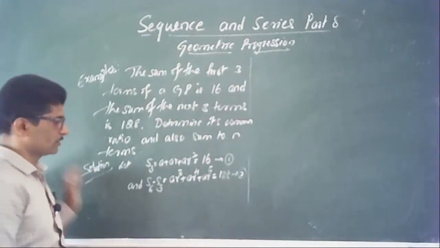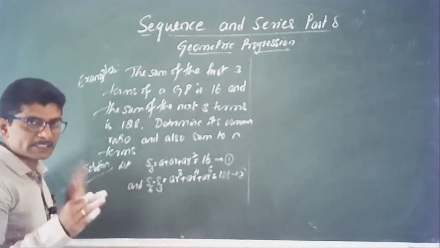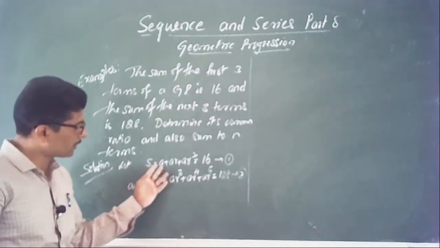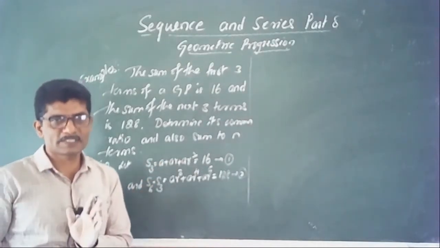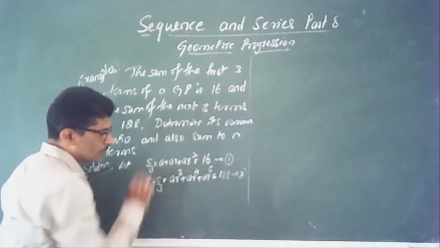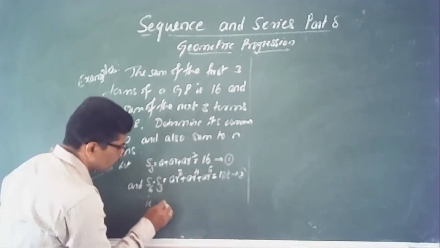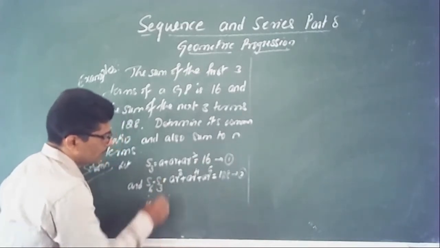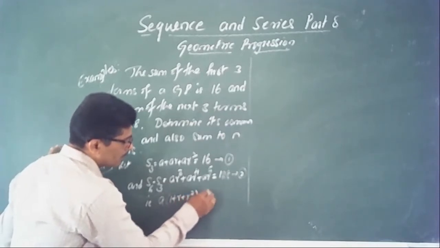Very simple question. Here, finding the sum to n terms means we must also find the first term. Once we find the common ratio, we easily get the first term of the GP. a plus ar plus ar square is equal to 16. Taking a as common, you get a into 1 plus r plus r square is equal to 16.